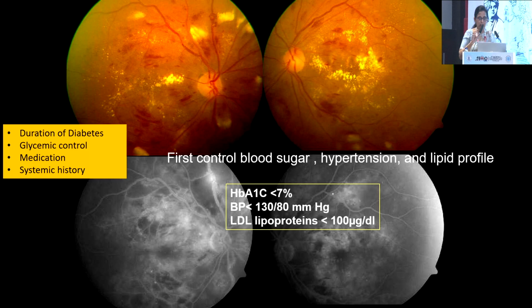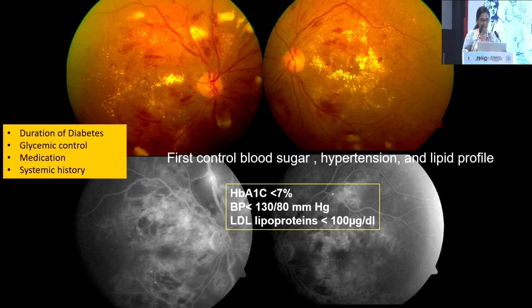So the first thing when you see diabetic retinopathy is to advise the patient. Here we are not seeing just the eye of the patient. This is one condition where we have to see the patient in totality. We have to see what the sugar control is, what the hypertensive status is, and the lipid profile. The HbA1c should be less than 7, and the BP should be well controlled. See if the patient is anemic or not, because anemia again contributes to an increase in retinopathy. Does the patient have any coexisting nephropathy?